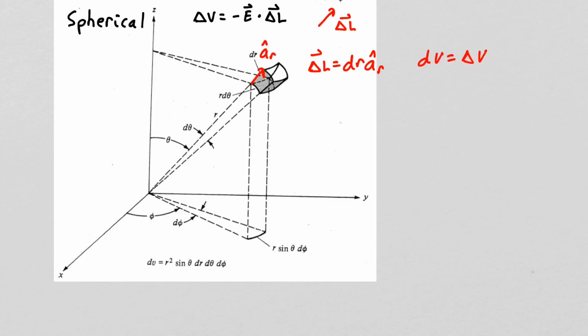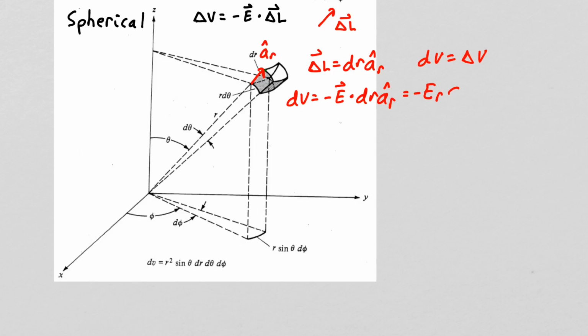So let's make these substitutions. So we'll have the dot product between the electric field intensity and the unit vector in the r direction. That will give us just the r component of the electric field intensity. We can solve for E sub r and find that it's equal to minus dV dr.